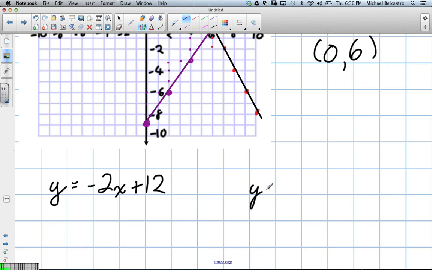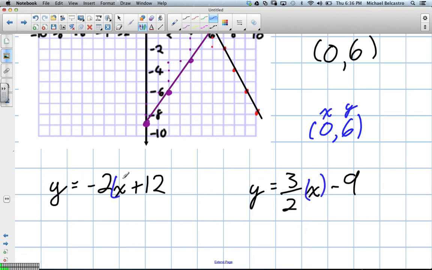And the other one was y equals 3 over 2x minus 9. And we said this point, 0 and 6, was the point of intersection. So we'll test that for the x and the y values. We're going to plug 0 in for both of the x's, right? We'll plug in 0. And we're going to plug in 6 for both of the y's. Okay? So I'm going to quickly do that.